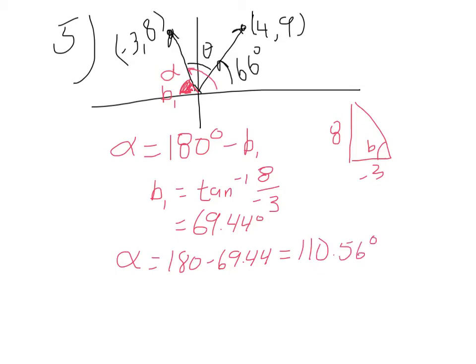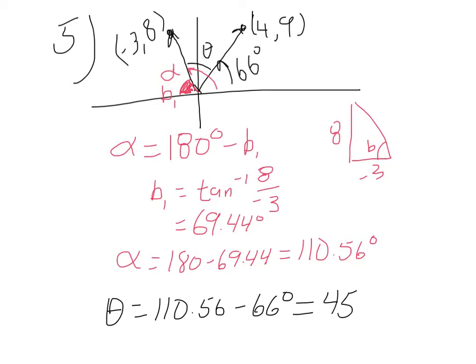So if alpha in our picture in red is 110.56 and the angle for the first vector from previous work is 66, the angle between two vectors, theta, is then equal to 110.56 minus 66 degrees, which gives us approximately a 45-degree angle.